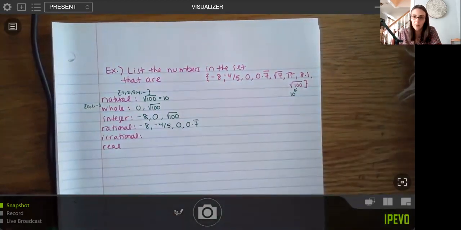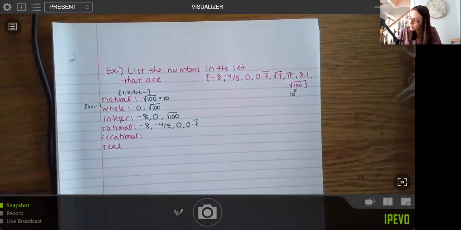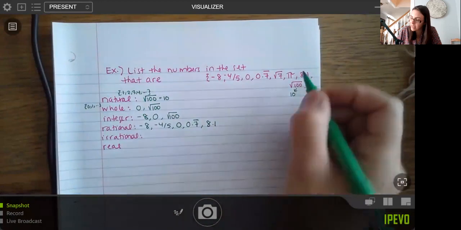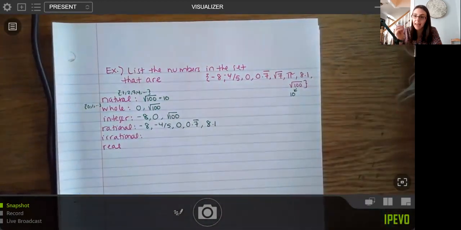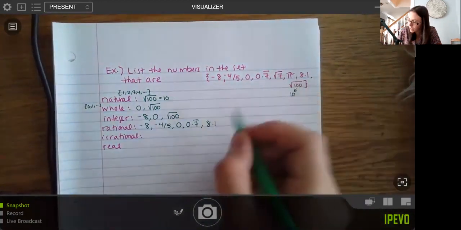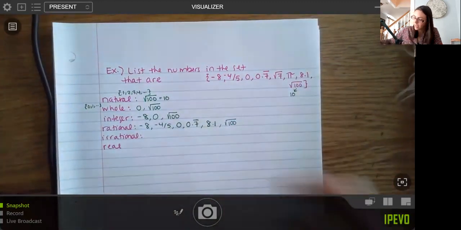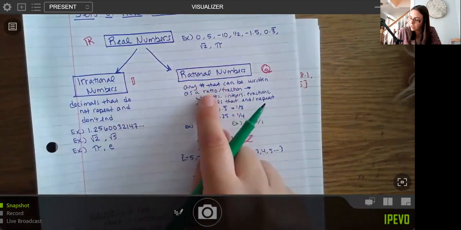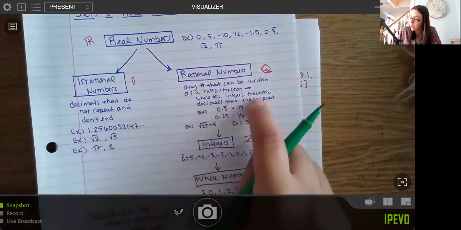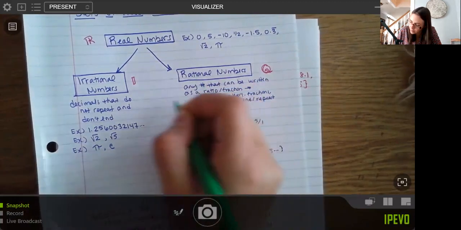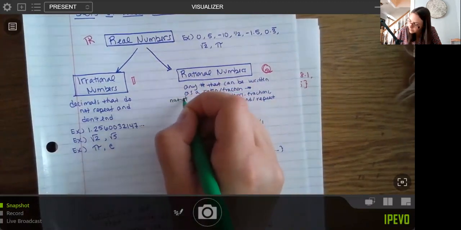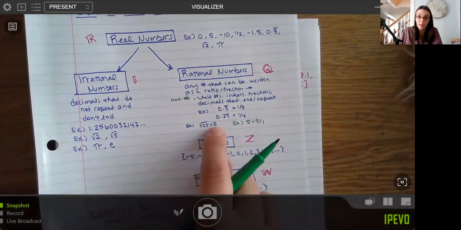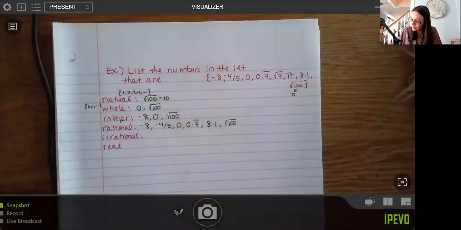There's no perfect pattern there, so that is not rational. Pi is not rational. 8.1 is rational, though, because it has a decimal that ends. So again, any decimal that ends or repeats is rational, and the square root of 100. And if you need to go back, you can fill in that here. So any number that can be written as a fraction, whole numbers, integers, I should say natural numbers too, I guess. Fractions, decimals that end or repeat, and of course, square roots that are actually integers in disguise.